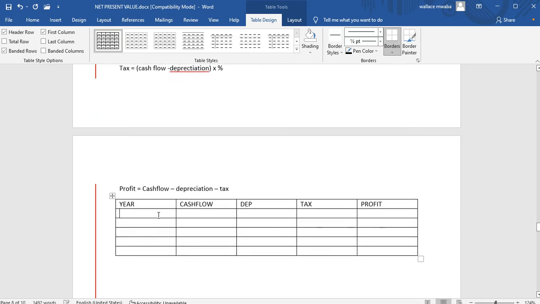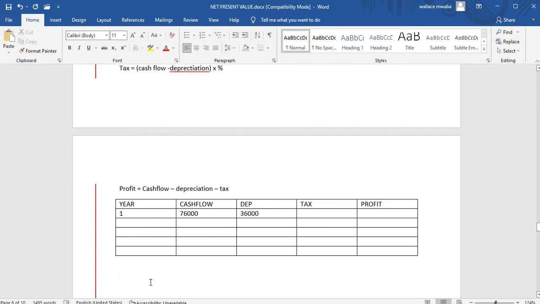So we say year one, we have 76,000. Depreciation is 36,000.